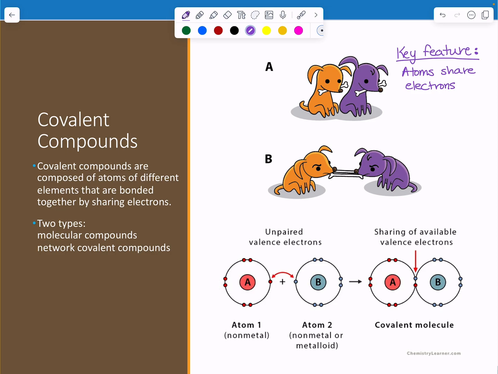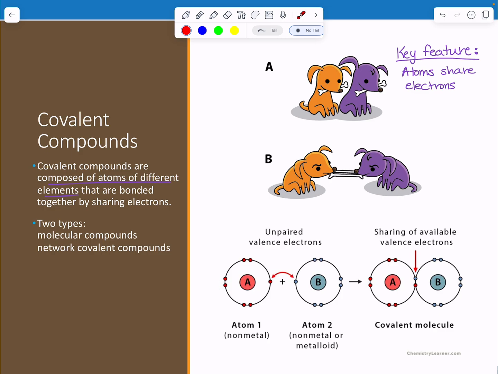So they're composed of atoms of different elements or the same element. And the thing that forms the bond is not an electric attraction between a positively and negatively charged ion. The thing that forms the bond is much like these two dogs here who are each holding on to an end of the same bone. They don't look like they're sharing here, but they are actually sharing those bones.